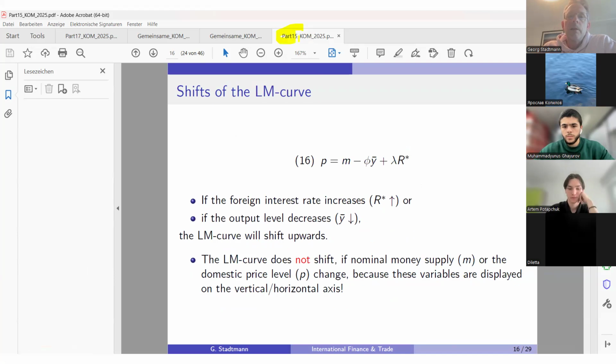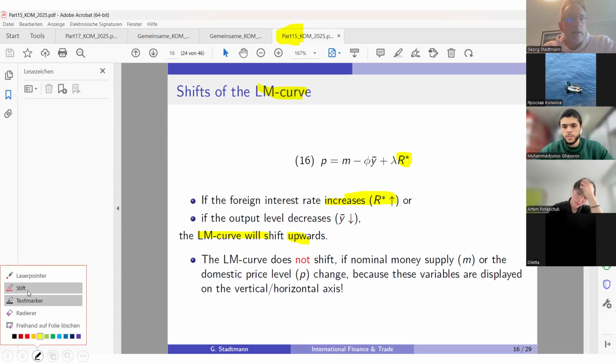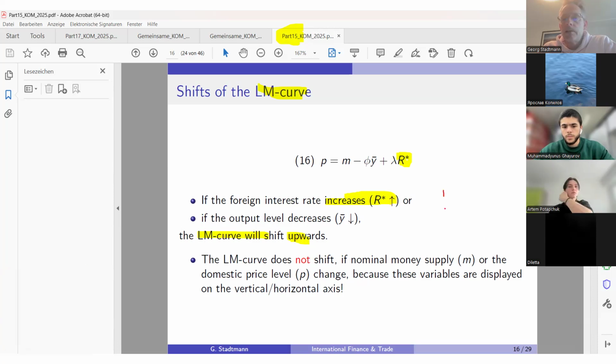Then also here, we are in part 15, shift of the LM curve. Can you see R star? Yes, there is something. So if the foreign interest rate increases, then the LM curve shifts upwards. But in our case, R star decreases.